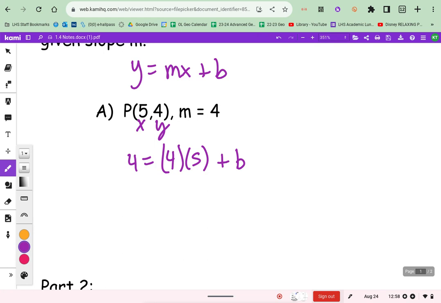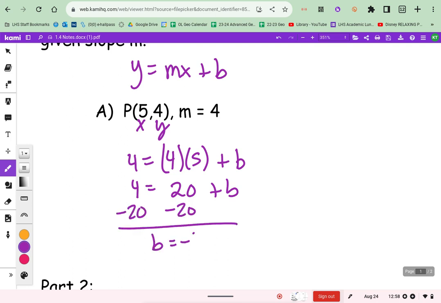And then we're just going to solve for b. So 4 equals 20 plus b. Subtract 20 from both sides, and b is -16. So your final equation is y equals 4x minus 16.